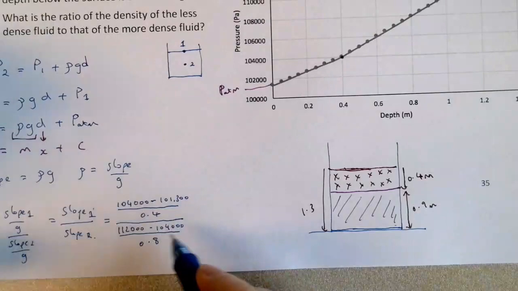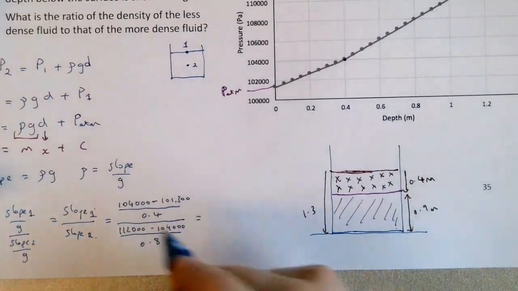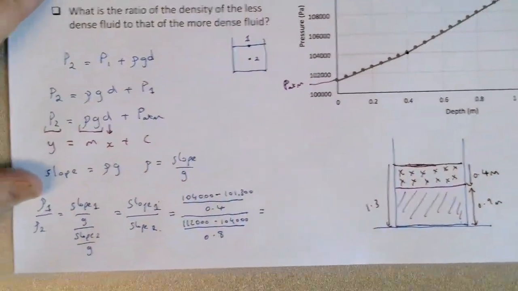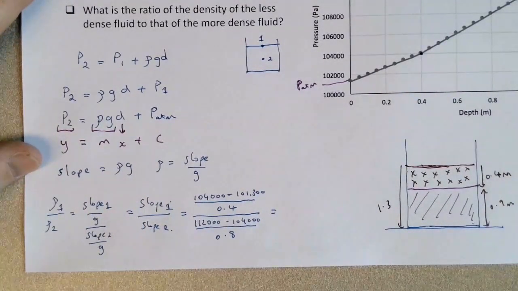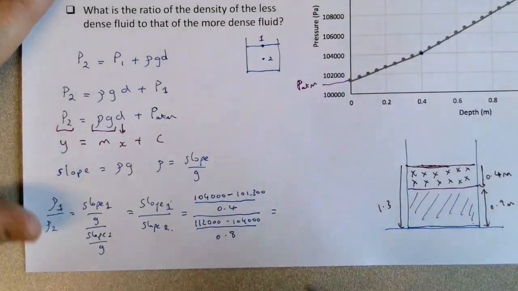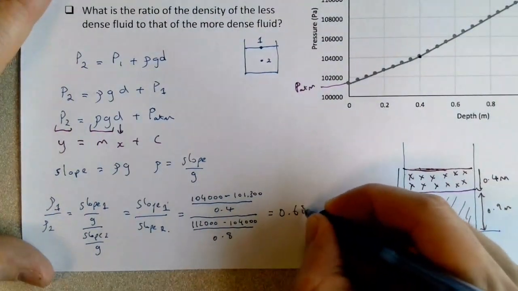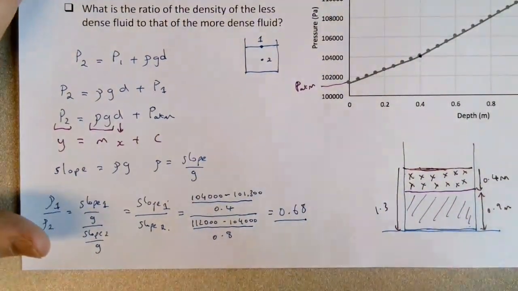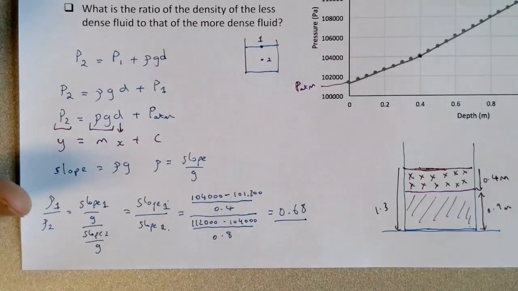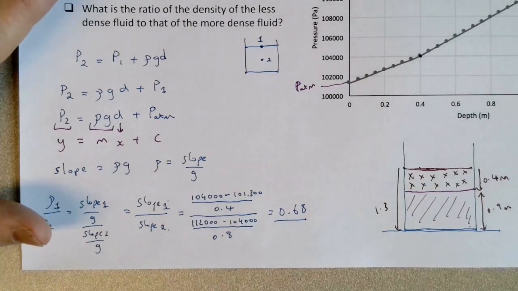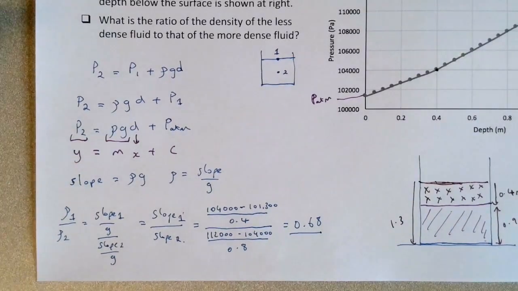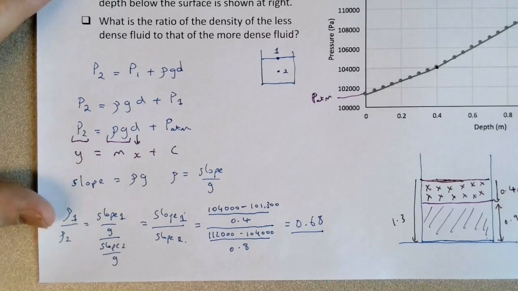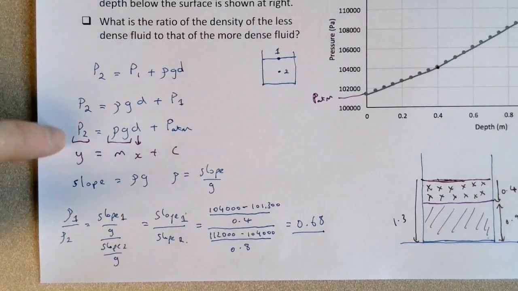These are the slopes of both, and they're linked to the densities. The slope is equal to rho times g, and that should give you 0.68. So the density of the first fluid is about 70% of the density of the second fluid. There are some other methods, I'm sure. Knowing certain values, you may be able to find the densities just from this equation and then do a division.